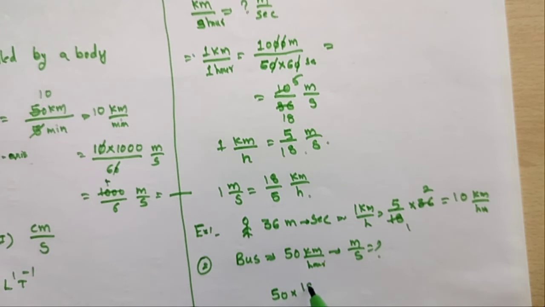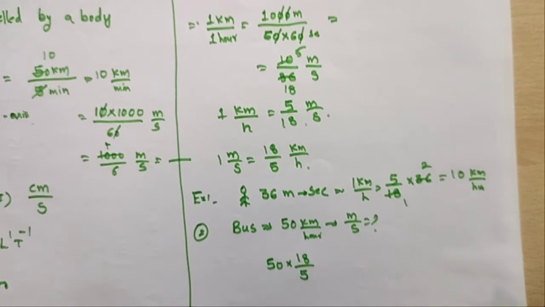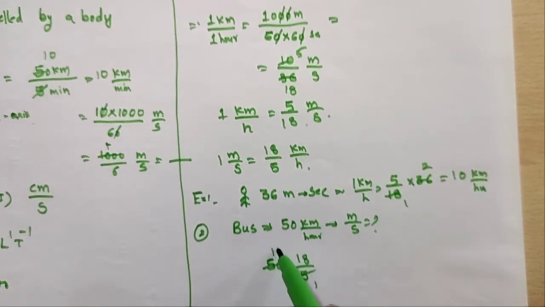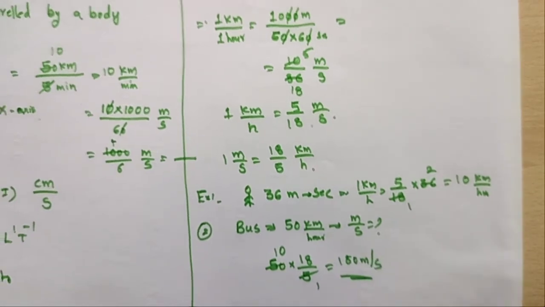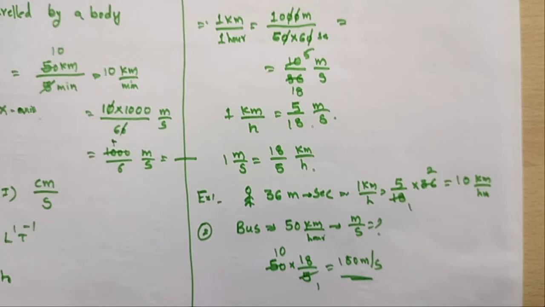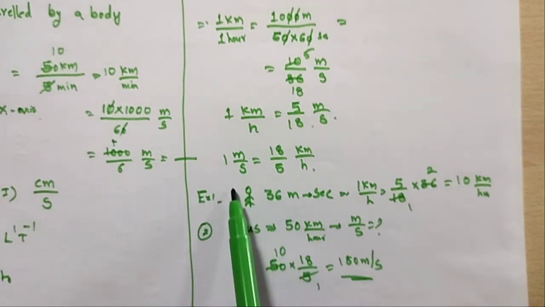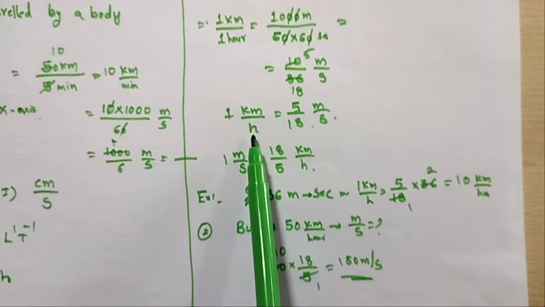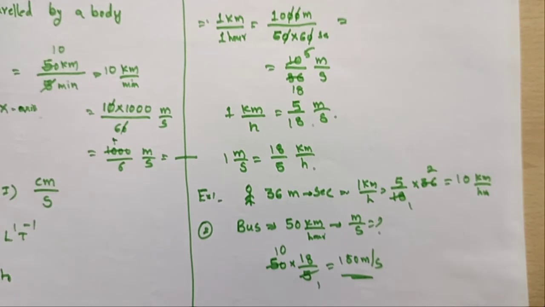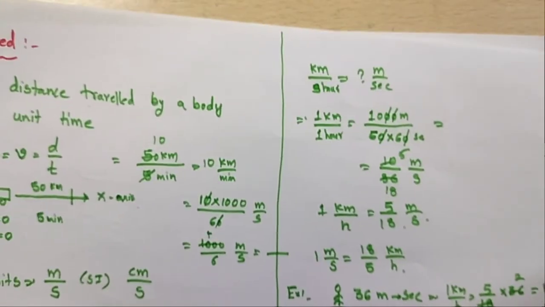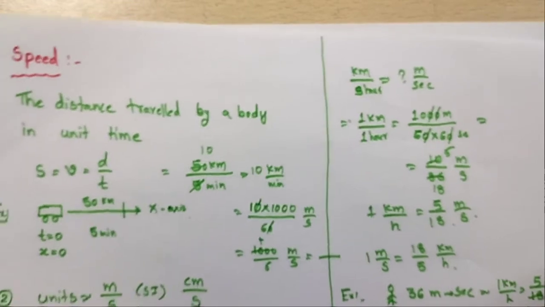Sometimes questions are given in kilometer per hour or meter per second. If the speed is given in kilometer per hour, please remember, compulsorily convert it to meter per second. So this is some small explanation about speed.